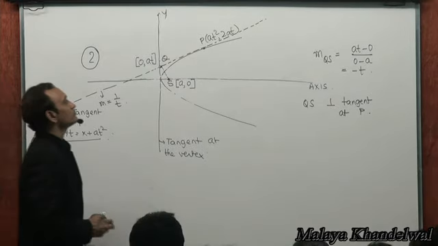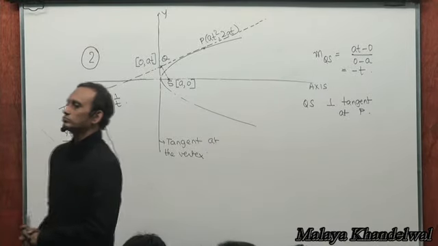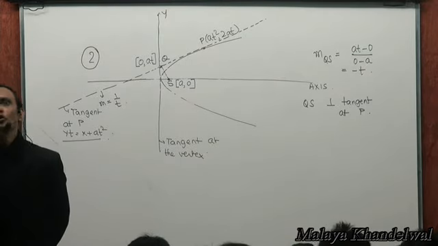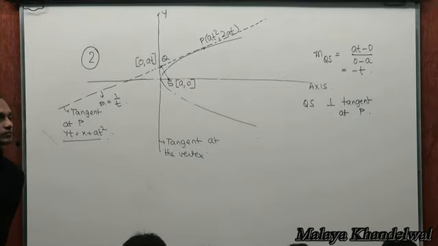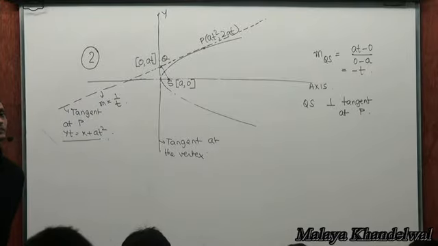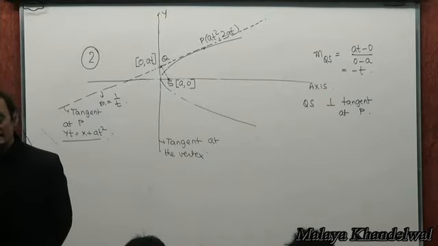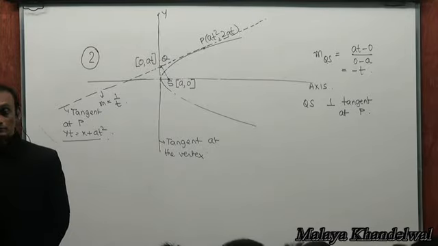Write down: the foot of the perpendicular drawn from the focus onto any given tangent must lie on the tangent drawn at the vertex. See, this is what I mean.